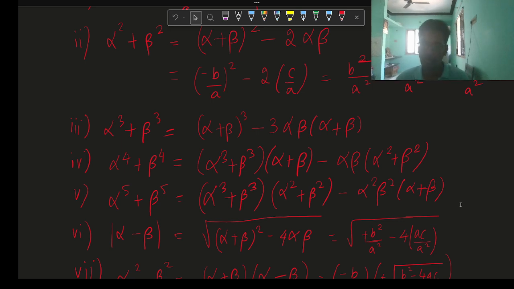And in order to get alpha minus beta, alpha minus beta the whole square would give me alpha square plus beta square minus 2 alpha beta. But what I have is alpha square plus beta square plus 2 alpha beta.